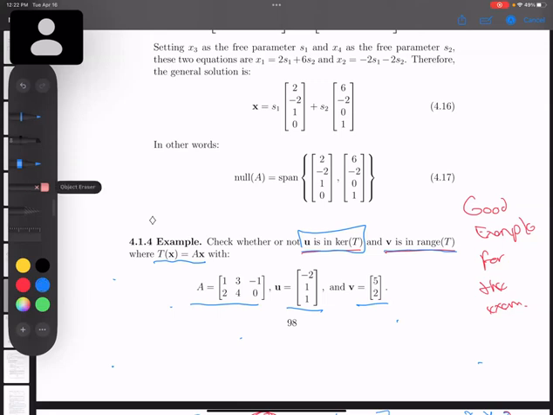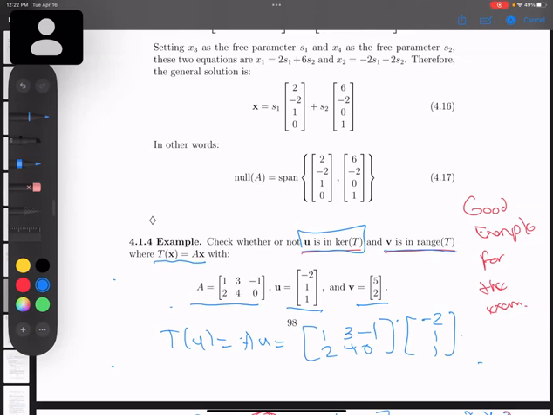All that you need to do is consider T of U, which is A of U. This means the matrix with rows 1, 3, minus 1 and 2, 4, 0, times U, that is minus 2, 1, 1.